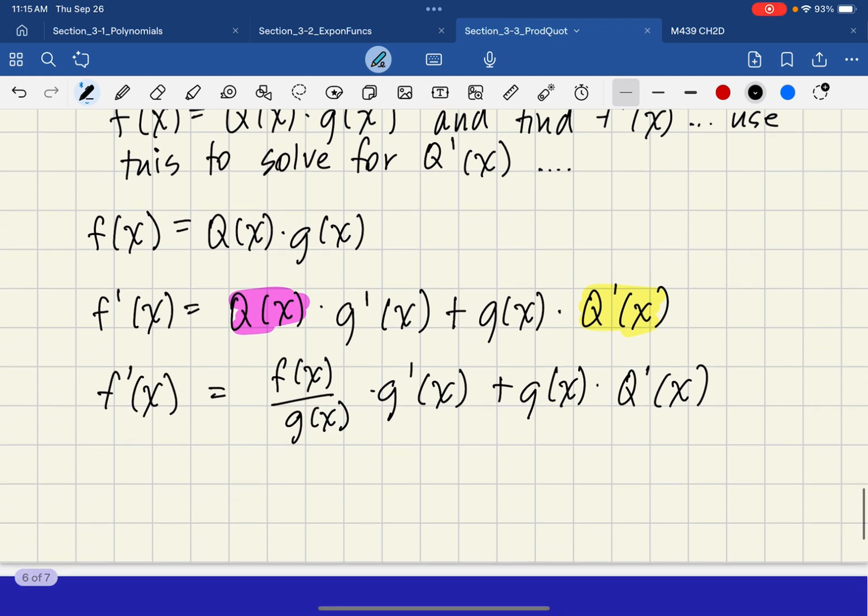And we get to this expression, and again, the whole idea here is that all we want to do is solve for q prime of x, and if we can solve for q prime of x, we'll know exactly what the derivative of the quotient is supposed to be.